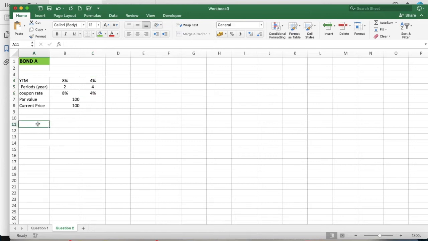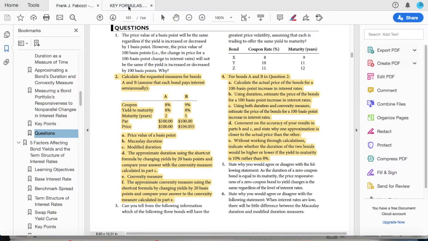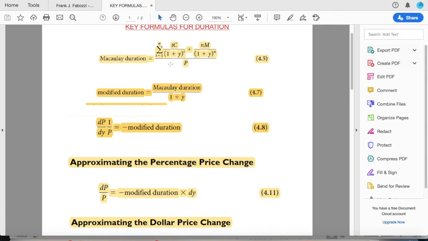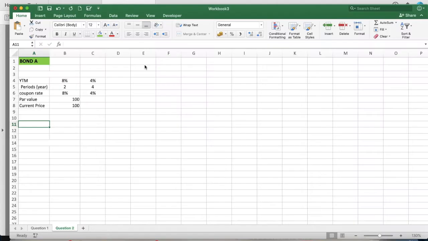Now let's check the formula for the Macaulay duration. So this is the first step, the Macaulay duration. We need the periods, we need the coupon payments, we need the yield to maturity, we need the final period, the final payment, which is the par value payment, and the final present value factor, and the current price of the bond, right? So let's build a table for the Macaulay duration.